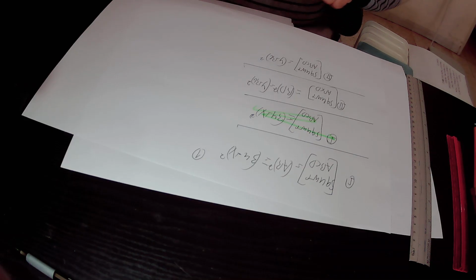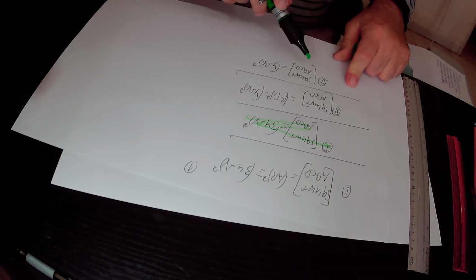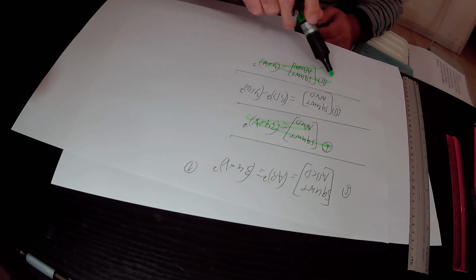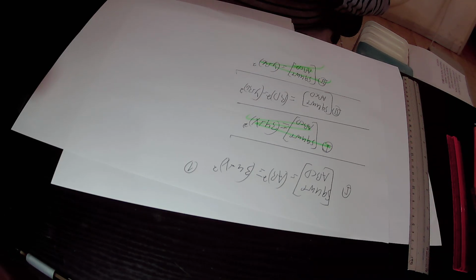So we have two different equations for the area of square ABCD. Equation 1 and equation 2. Therefore, we get equation 3.